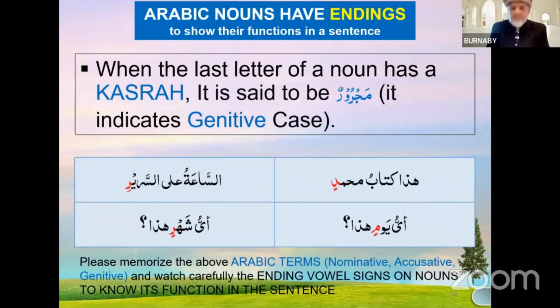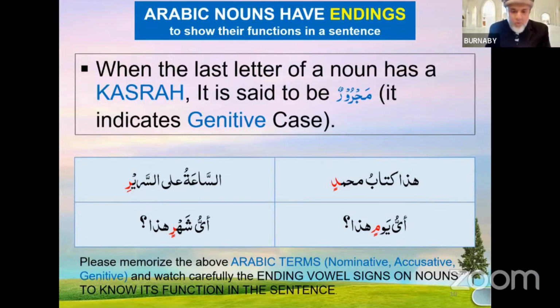Look at this one. When there is a kasra, then it is majroor, and in that we see a possession. The kasra or the majroor part is showing who is the possessor. Hada kitabu Muhammadin. This is Muhammad's book, or I can say this is the book of Muhammad.